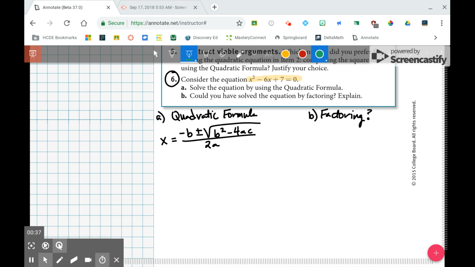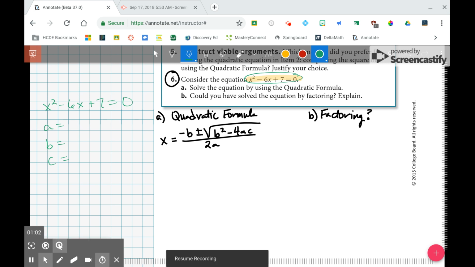So first thing we need to do is identify the a, the b, and the c from this equation. So it is x squared minus 6x plus 7 equals 0. Remember, a is the number in front of x squared, b is the number in front of x, and c is your constant. So identify a.